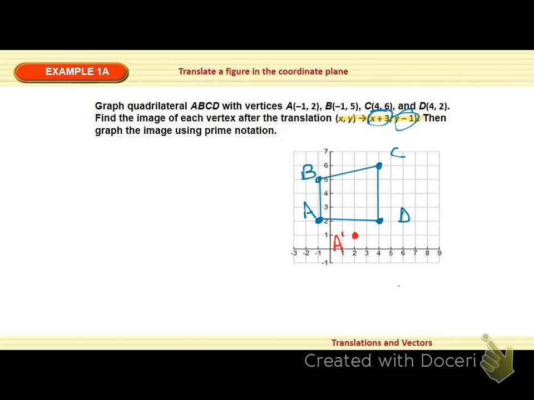So we go over 1, 2, 3, down 1 for the B. So B prime is there. 1, 2, 3, down 1 from C. C prime is there. 2, 3, down 1. D prime is there. And our new trapezoid sits there. Okay? That's it. That's literally how we do that.